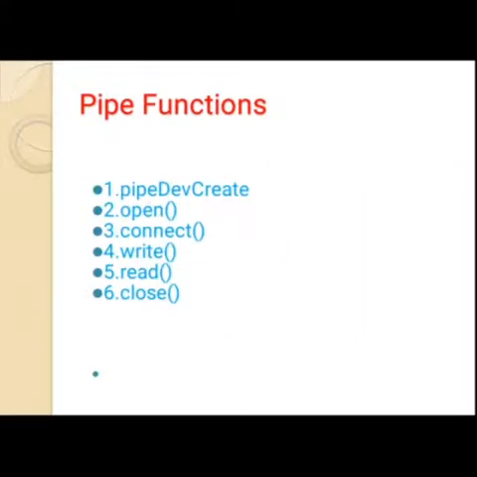These are the different pipe functions: pipe device create, open, connect, write, read and close. Let me say once again, the operating system functions for pipe are pipe device create, open, connect, write, read and close.